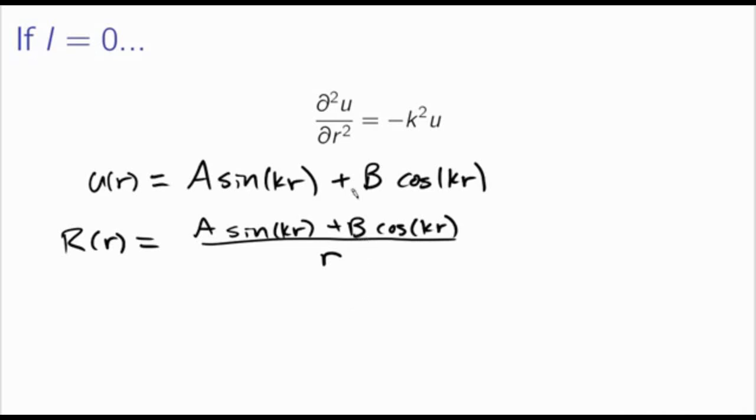If I have some cosine part here, meaning this constant b, which up to now has been arbitrary, if I have some non-zero value for b, I end up with something that looks like the cosine of kr divided by r. As r goes to 0, the cosine is going to go to a constant, it's going to go to 1, so I'll end up with a divergence, a 1 over r sort of divergence.